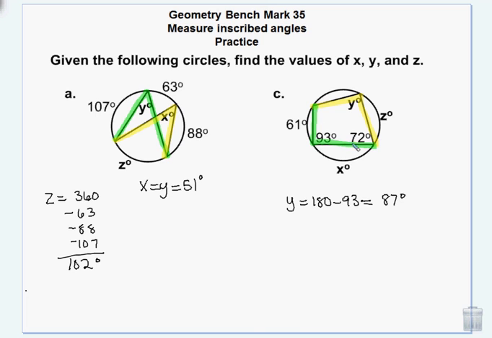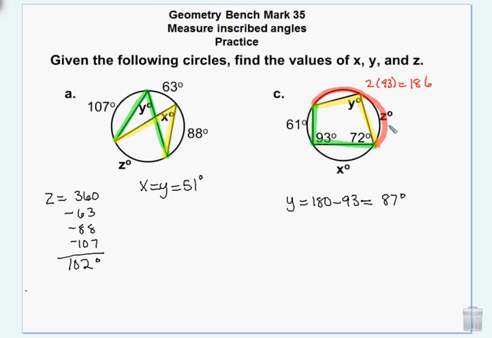And since this is 93, I know that this whole length here is twice that. So the red is 2 times 93, which would be 186.